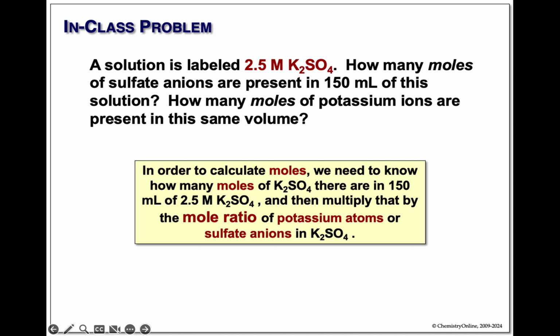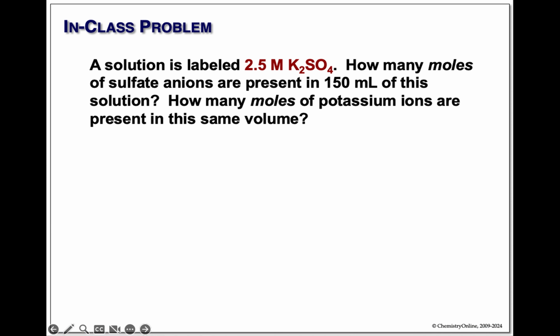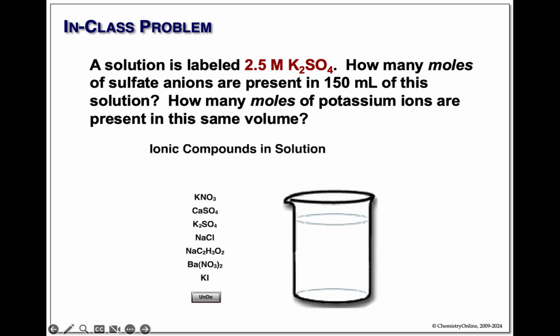Now remember, this is an ionic compound. So when you take an ionic compound and put it in a beaker of water, it will dissociate completely. So potassium sulfate goes to 2 moles of potassium, 1 mole of sulfate. Mole ratio, 2 and 1.